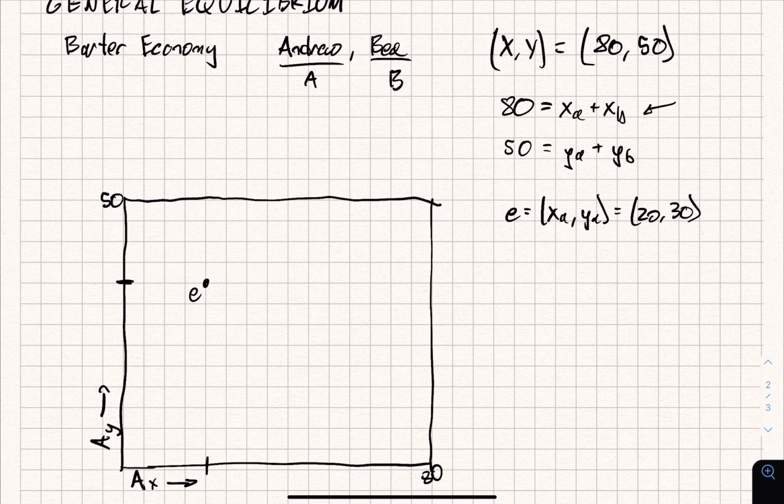So this looks something like, let's do this in blue, looks something like this. We have an indifference curve and it runs through the allocation. Okay, so we've seen this before. This looks straight out of the consumer's problem.